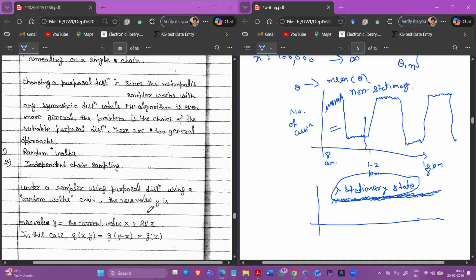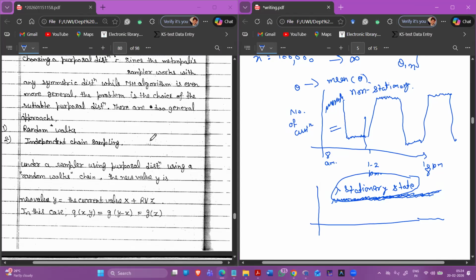Choosing the proposal distribution, as I already told you: since the Metropolis sampler works with any symmetric distribution, while the MH algorithm is even more general, the problem is the choice of a suitable proposal distribution. There are two general approaches: random walk and independent chain sampling. All right.